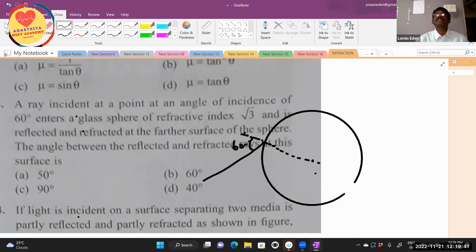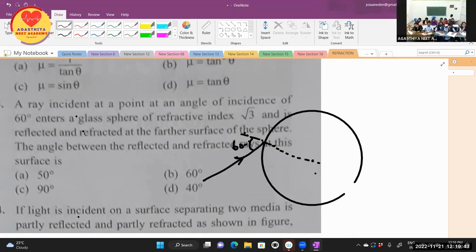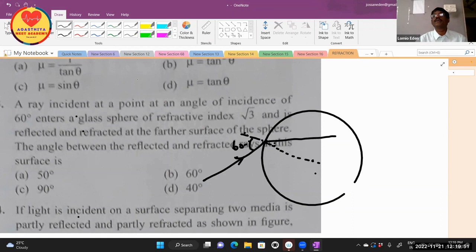This angle is 60 degrees. This is just a radius of the sphere. After that, it is refracted outside the surface. With respect to inside the glass, it is reflected.